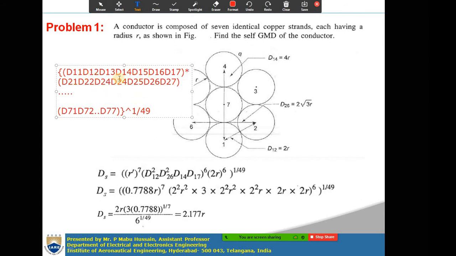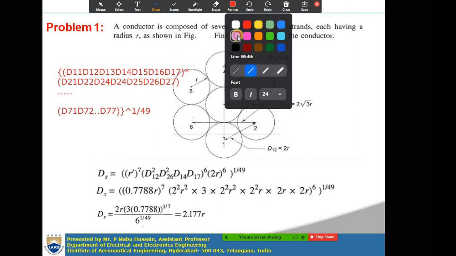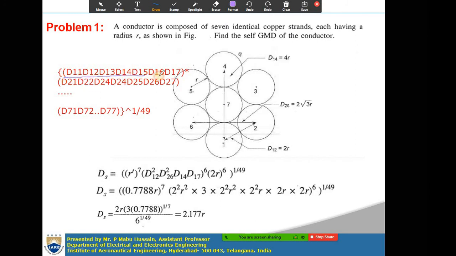Now if you see each product: the first product has self distance D11, the second has self distance D22, the third has D33, and so on. All these self distances D11, D22 are nothing but R dash, the geometric mean radius, which is equal to 0.7788 R. How many self distances will you get?